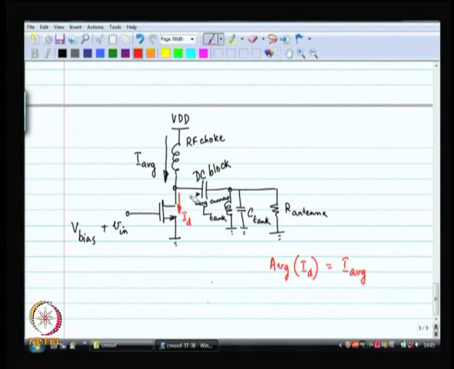So, the power consumption of this particular circuit is going to be how much? The total power consumed is VDD times I average.